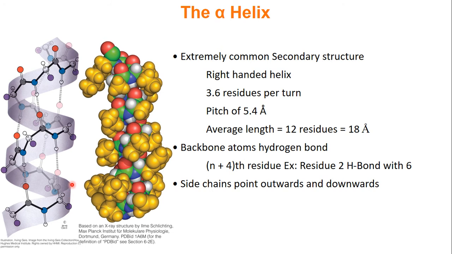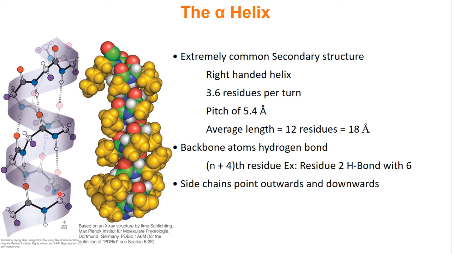For every complete turn, you go 3.6 residues. So every one turn of the helix is 3.6 residues. The pitch, or the distance between a complete turn, is 5.4 angstroms. And in general, your average length of the alpha helix is 12 residues, or 18 angstroms.